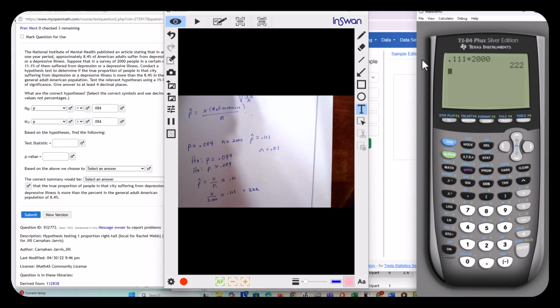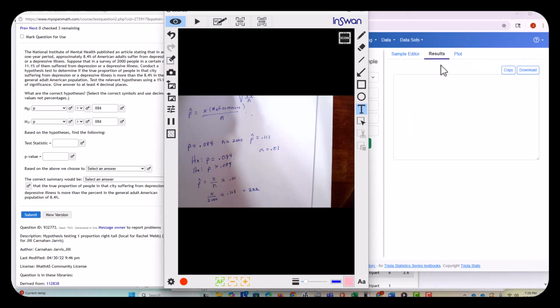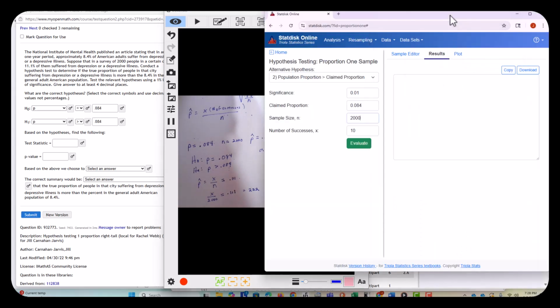I haven't run across one of these yet that has a decimal. If you do run across one that has a decimal, I'm pretty sure that you round up, but you can email me and let me know if it marks you wrong. So I'm going back to StatDisk here, and I'm going to put in that x was 222.